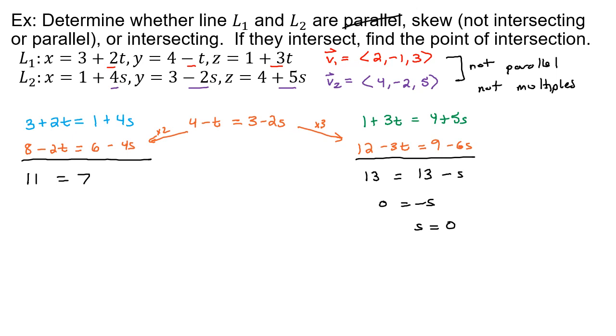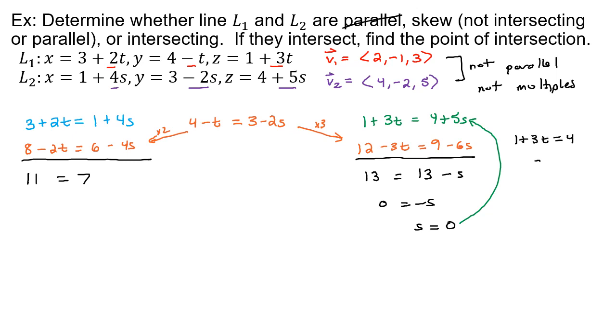And you might say, okay, well, that's fine, right? So if s is 0, then if I plug it in on one of the other ones to find t, let's just plug that back in here. Say 1 plus 3t equals 4.